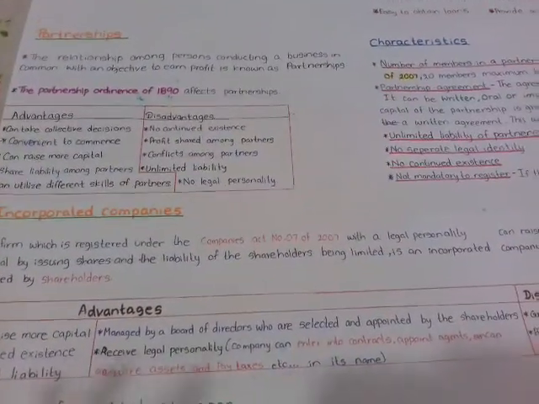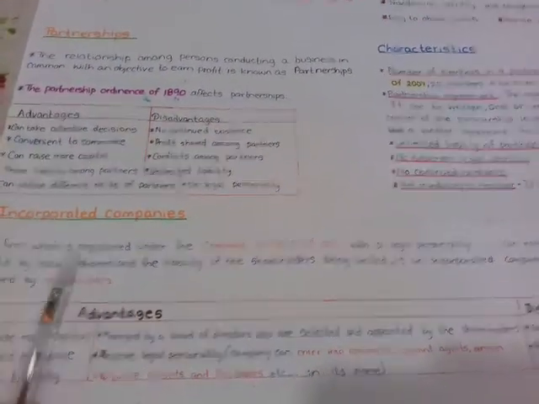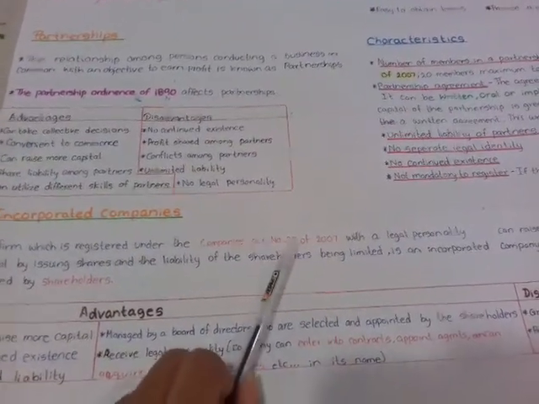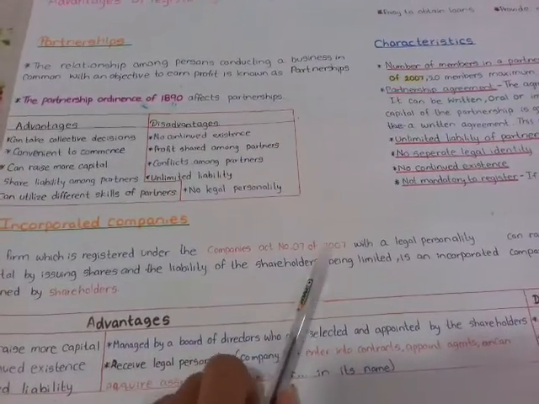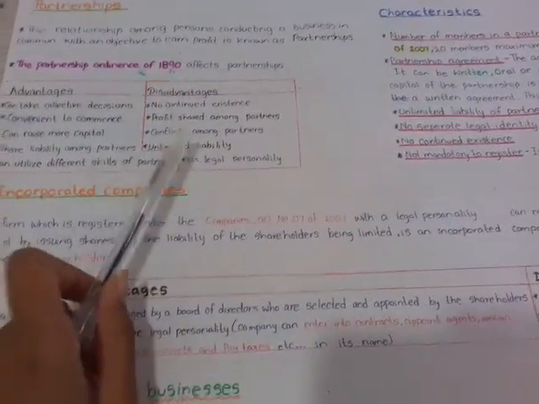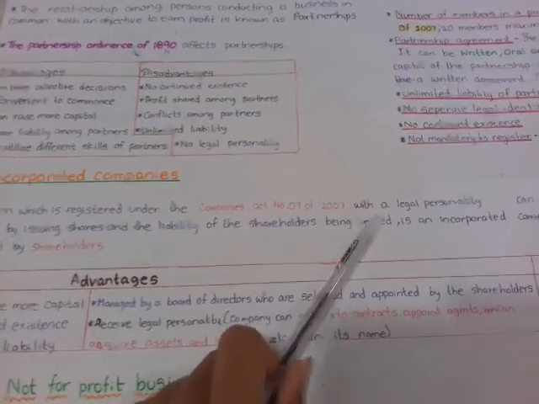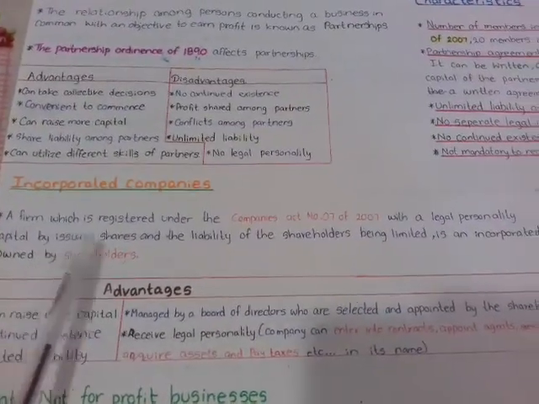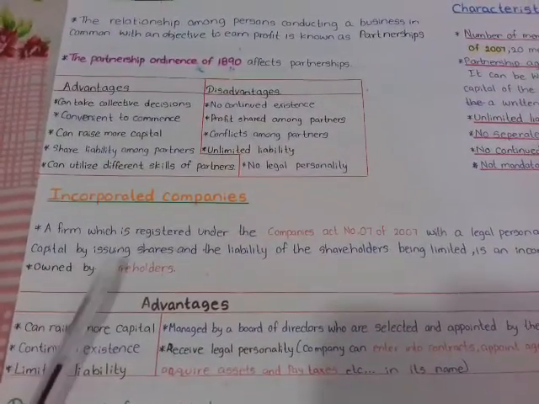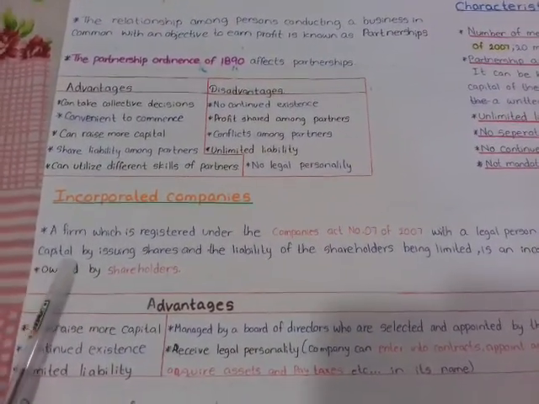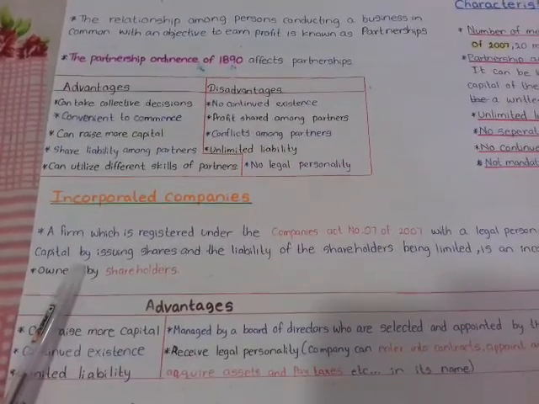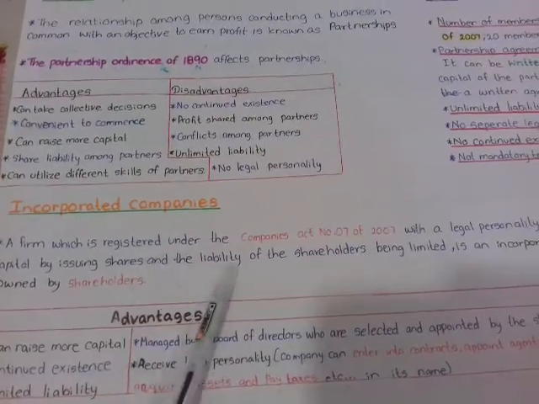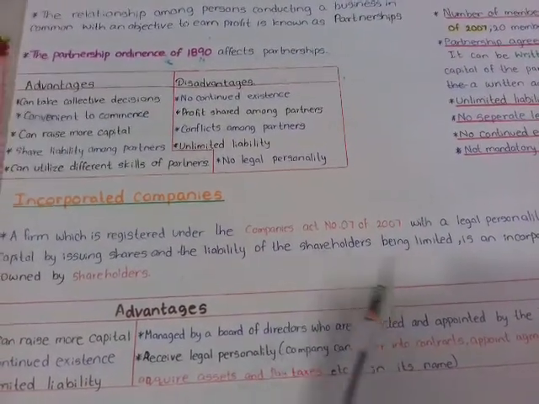So if I make this simple for you, this is a firm which is registered under the Companies Act number 7 of 2007. And not like the other partnership and sole proprietorship, this has a legal personality. And as there is a legal personality, incorporated companies can raise capital by issuing shares and the liability of shareholders is limited.